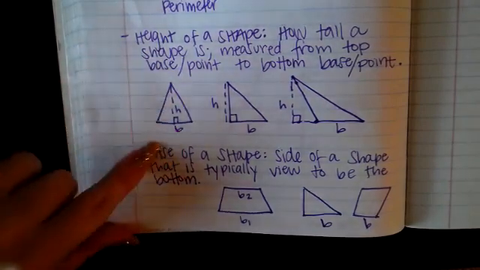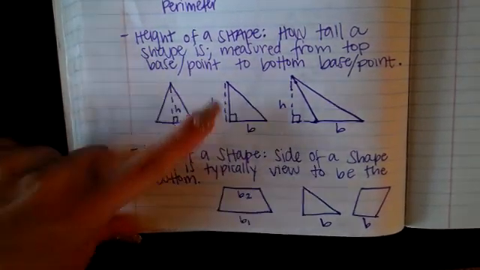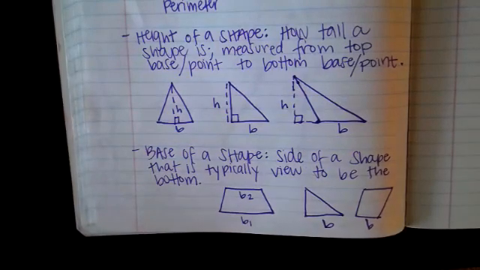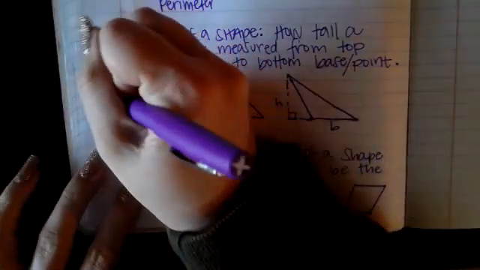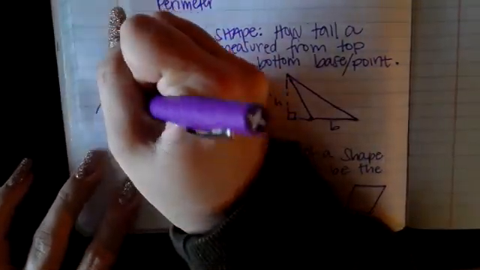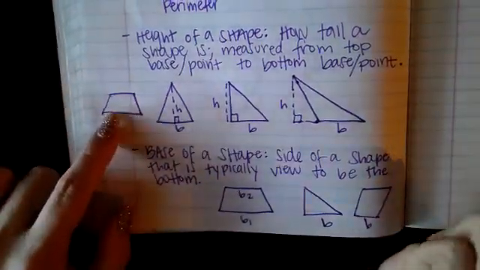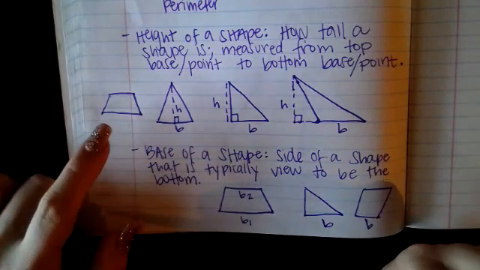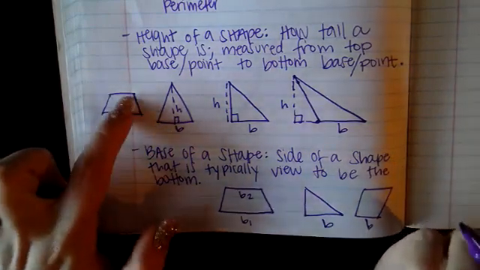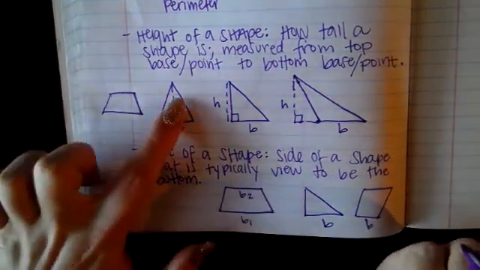In a triangle, like the visual here, triangles have a point typically up at the top because they're a 3-sided shape. But in a square or a rectangle or a trapezoid, I'm going to draw a little trapezoid over here so you can see, the top is not necessarily a point. But what we do is we measure from the top base, so maybe the top part of the shape or the top point, to the bottom.